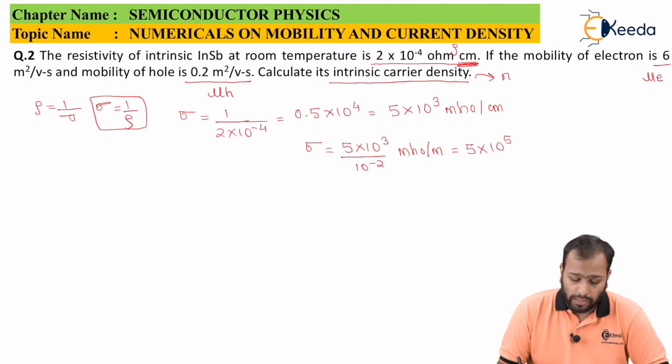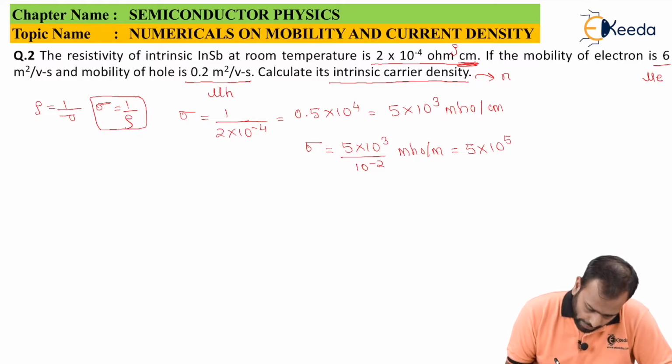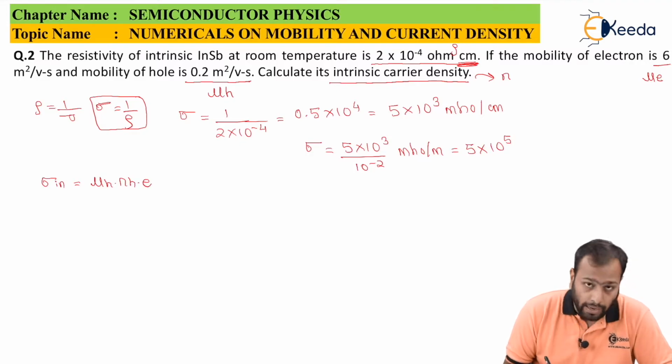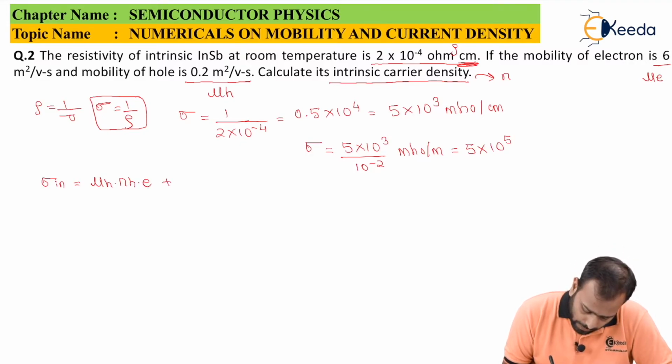Now, given all the conditions, I'll just have to plug in the values again. So I can say that sigma i is nothing but, because of the holes, mu h into n h into e, and because of the electrons, mu e into n e into e.